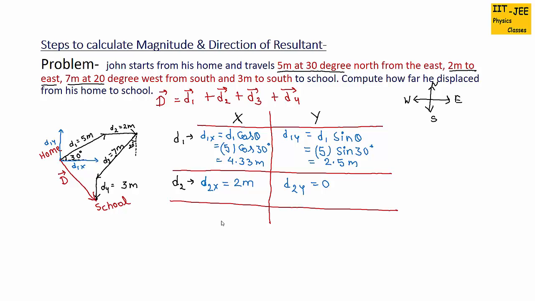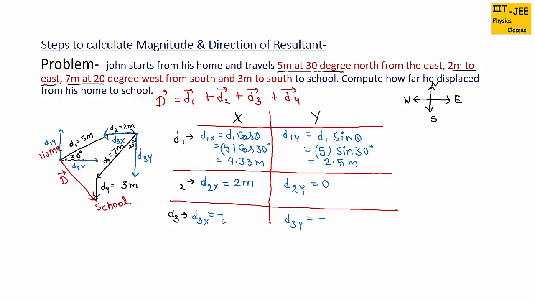Now let's take D3. So vertical component of D3 would be towards south. As you can see, D3 is directing southwest, so its vertical component D3y would be towards south, and horizontal component D3x would be towards west. So D3x and D3y both would be negative because west and south both are negative direction.